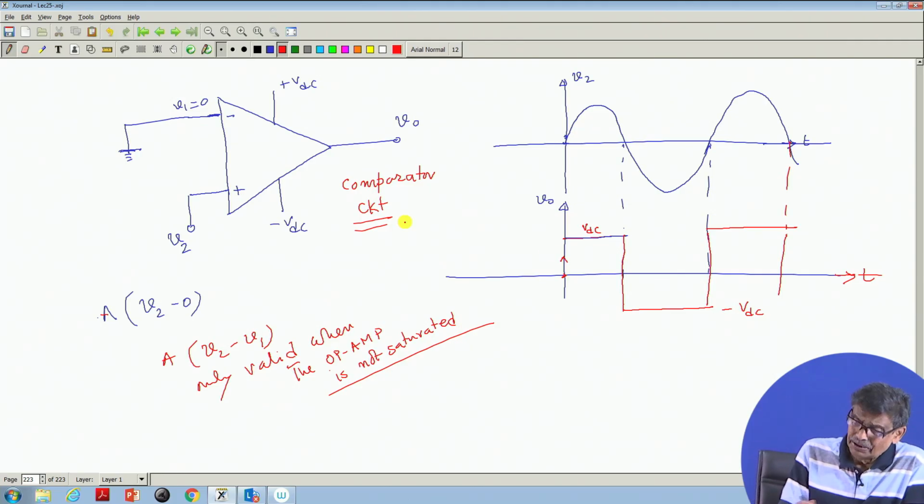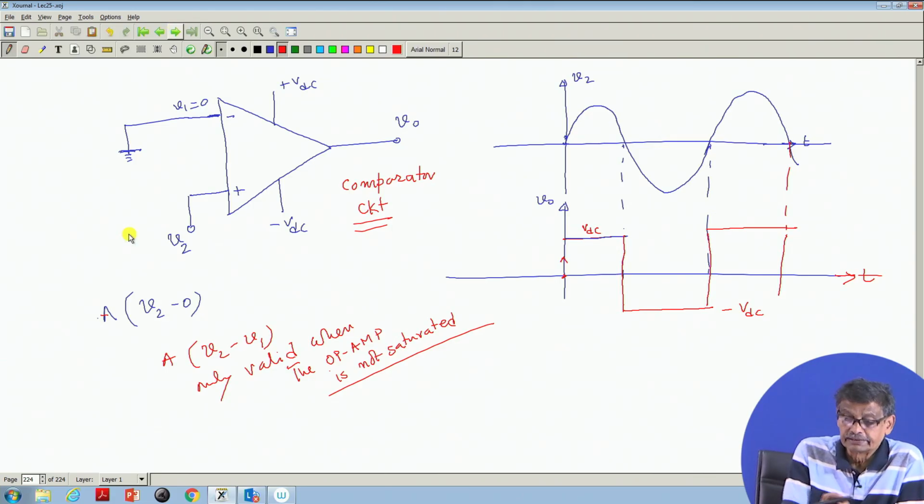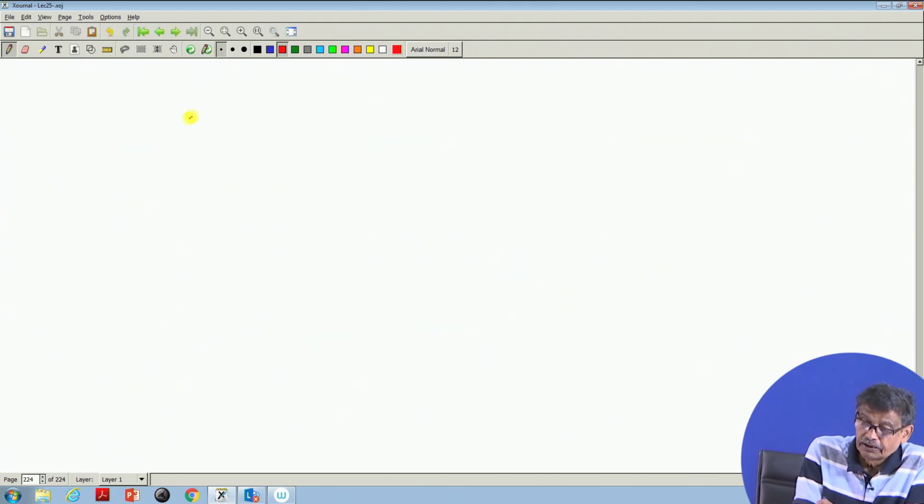Now, this is just with no feedback, nothing is used, and you have connected like that. However, you can make much more interesting circuits with the property of this op amp. For example, one like this. I will only tell you the concept. Say, I will write minus here. Generally people draw like this.